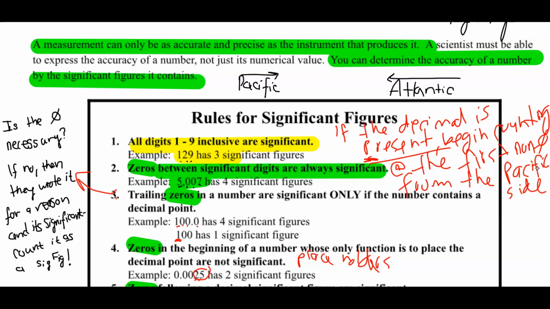Okay, so if we're looking at any number, if we can see a present decimal, we're going to count from the Pacific. That's the left, okay? I didn't say left because we have that present Pacific alliteration.